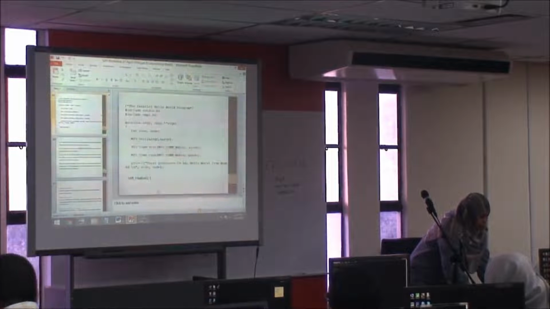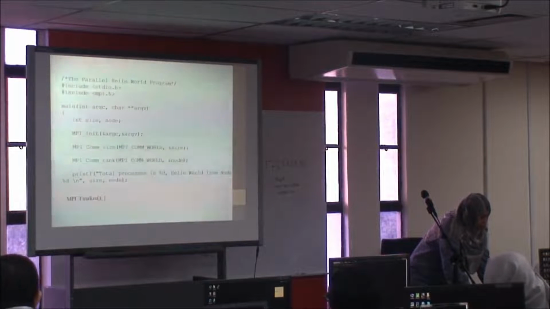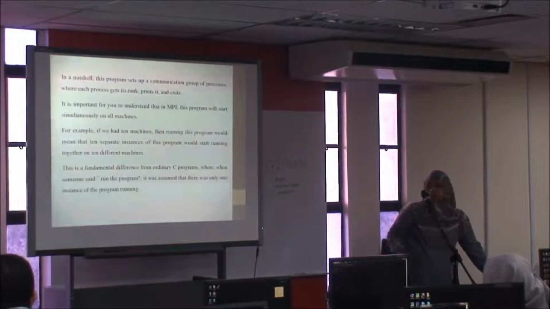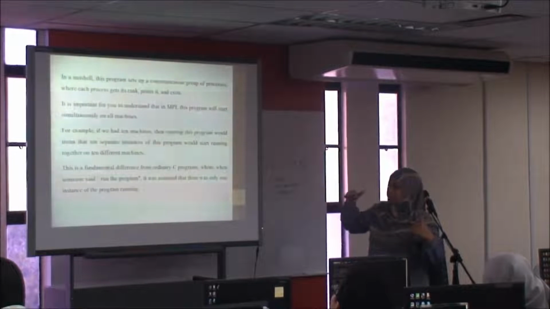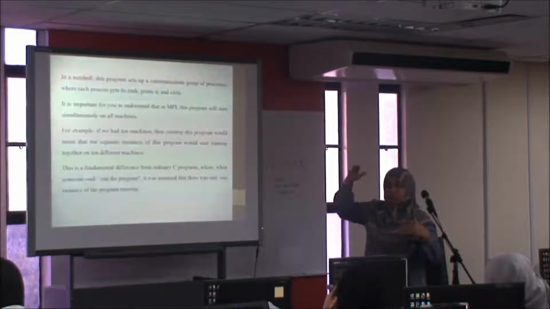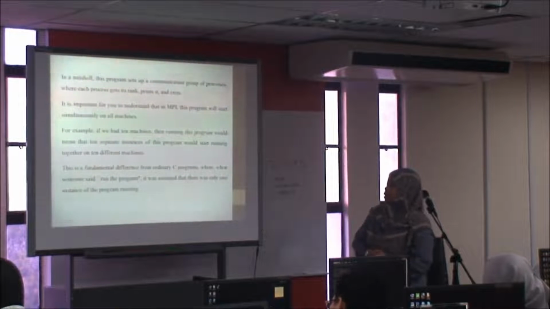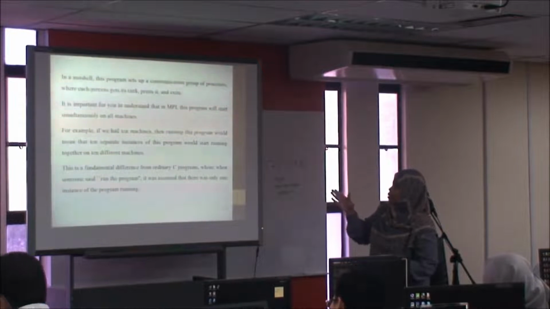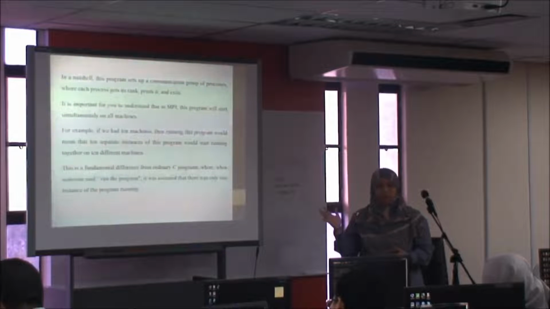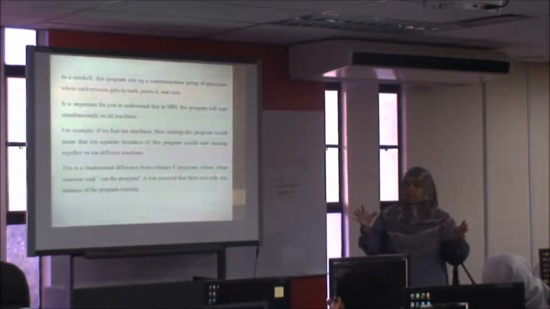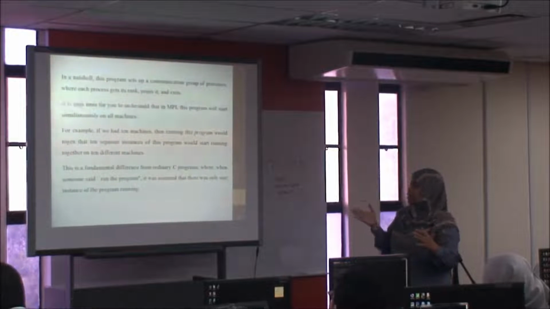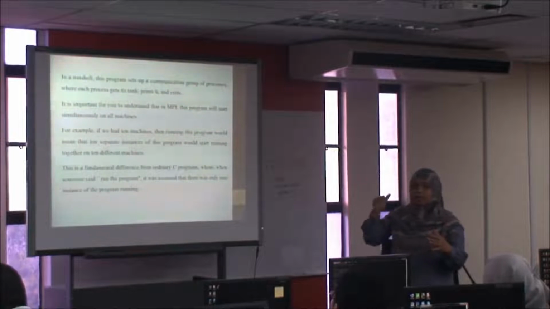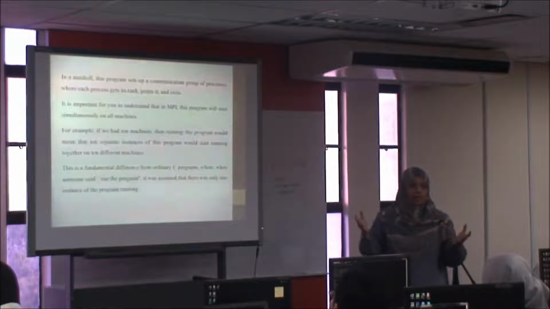Okay, next, I will go back to this slide. I want everybody to listen carefully because this explanation will explain in detail what happened when we executed that file. So in a nutshell, this program sets up a communication group, as I mentioned this morning, a communication group of processes where each process gets its rank, prints it, and exits.